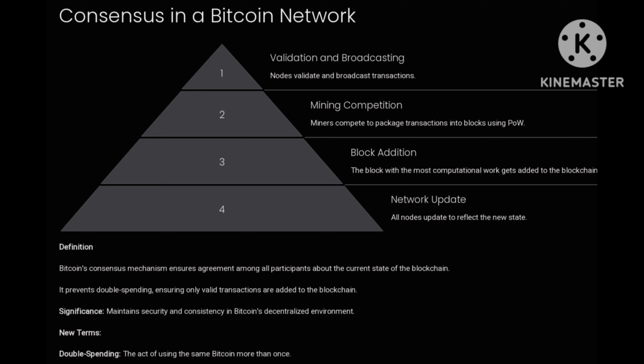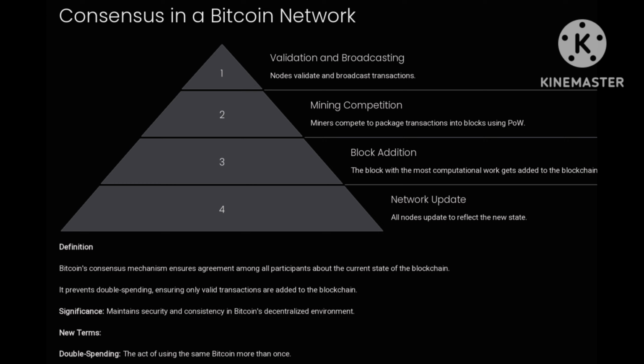How it works. 1. Transactions are broadcast to the network and validated by nodes. 2. Miners group these transactions into blocks and compete to solve a cryptographic puzzle using PoW. 3. The miner who solves the puzzle first adds the block to the blockchain. 4. All nodes update their copies of the blockchain to reflect the new state.